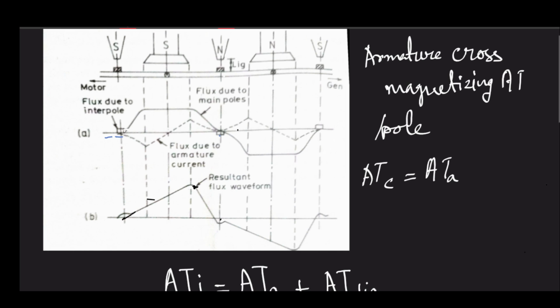So how can we overcome this? Even if you introduce interpoles, they can only take care of the flux waveform near the interpolar region, but not under the direct pole shoes.